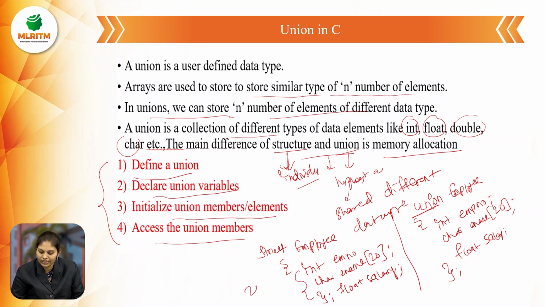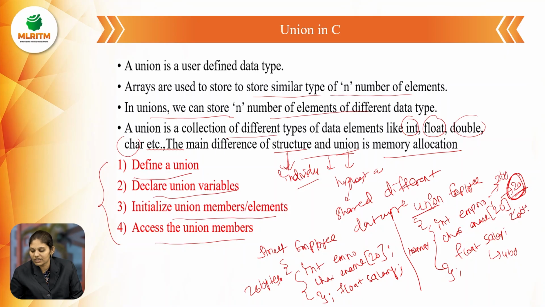In a structure, we add up the data types, which is 26 bytes of data. But the most important point is memory allocation. In a union it is also 26 bytes of data in total, but while the integer takes 2 bytes, the name takes 20 bytes, and the float takes 4 bytes, a union takes only the highest amount, the largest data type.